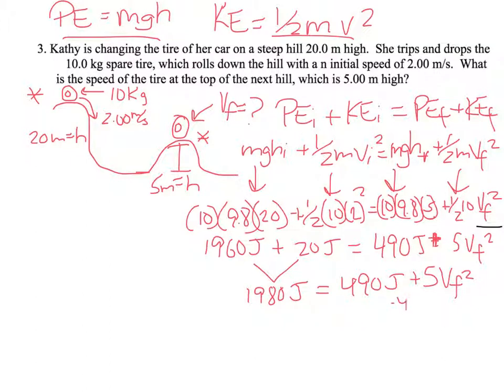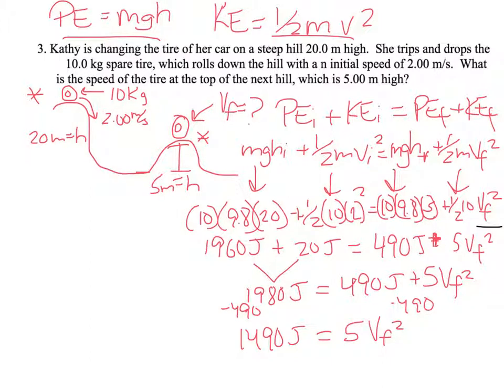If I subtract 490 from both sides, I can start getting the variable I'm looking for by itself. 1980 minus 490 joules ends up giving me 1490 joules is equal to 5 times the velocity final squared.